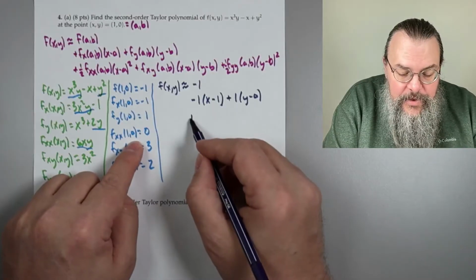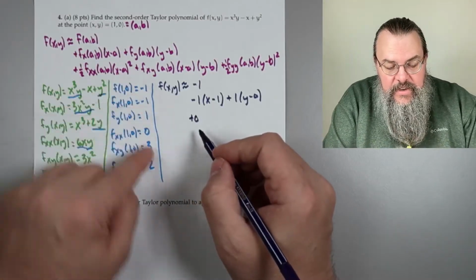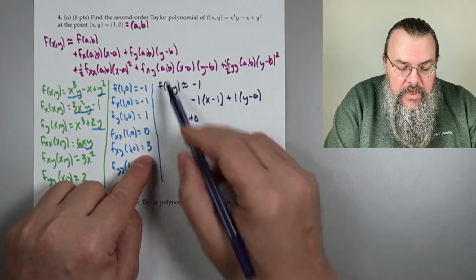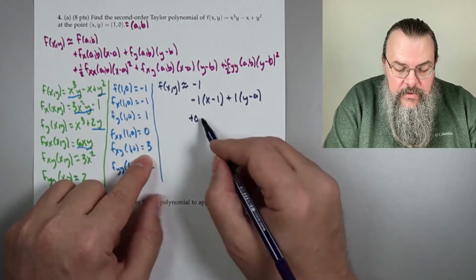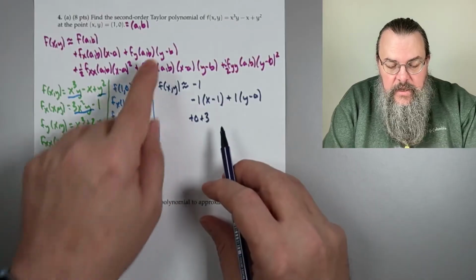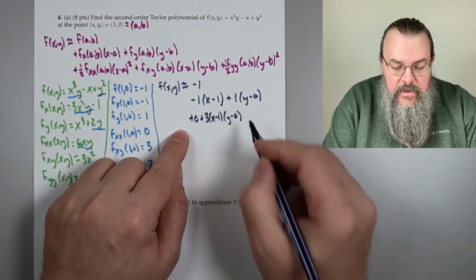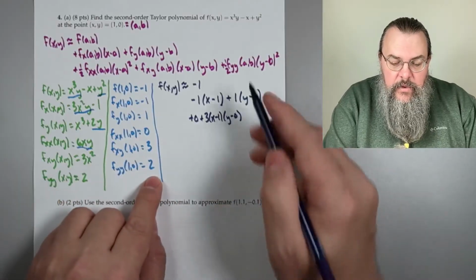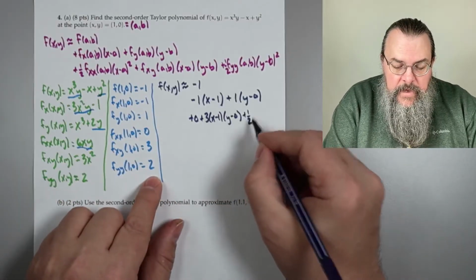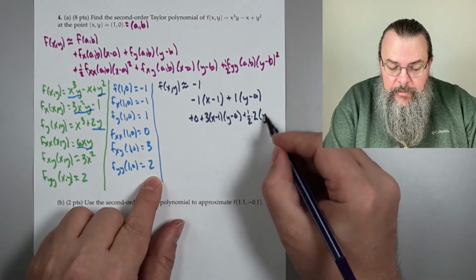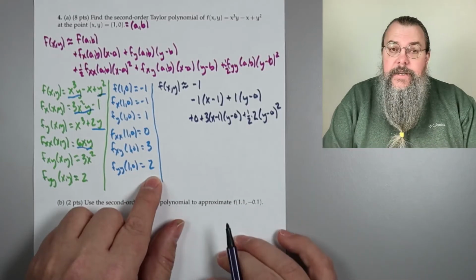Okay, so that whole term is gone. Then we have plus f_xy at (a, b), so f_xy at (1, 0) is 3, so plus 3 times (x minus 1)(y minus 0), plus 1/2 f_yy at (a, b), which is 2, times (y minus 0) squared.